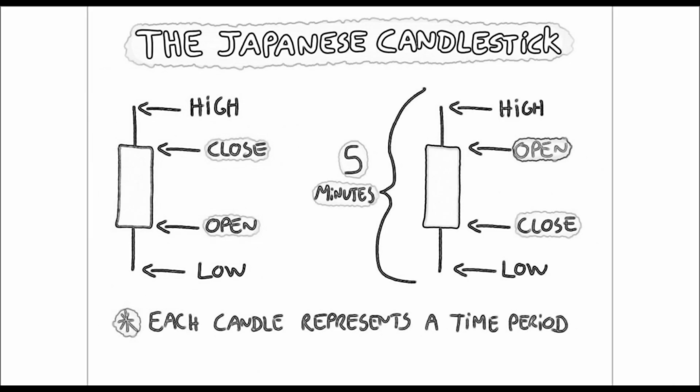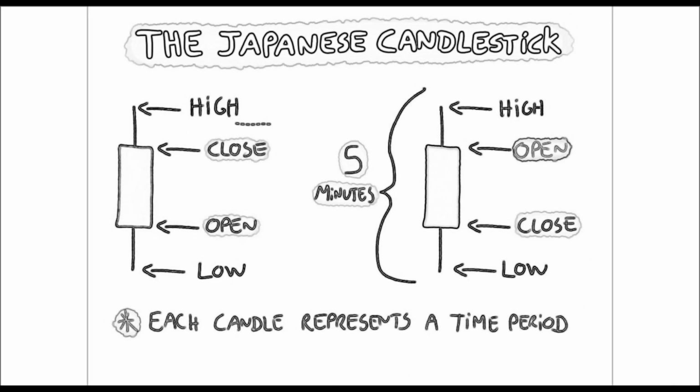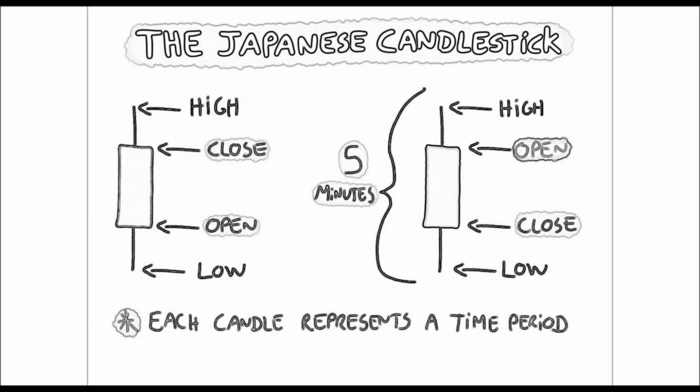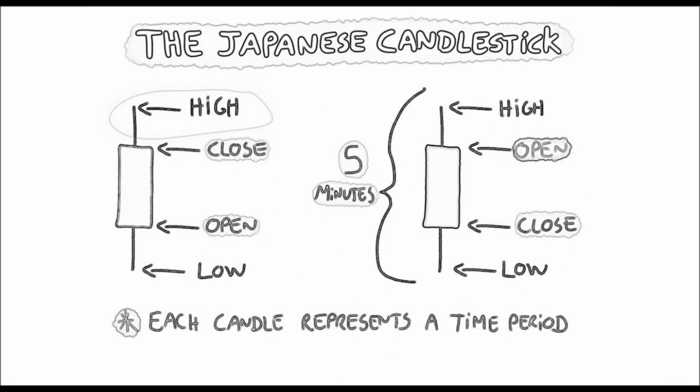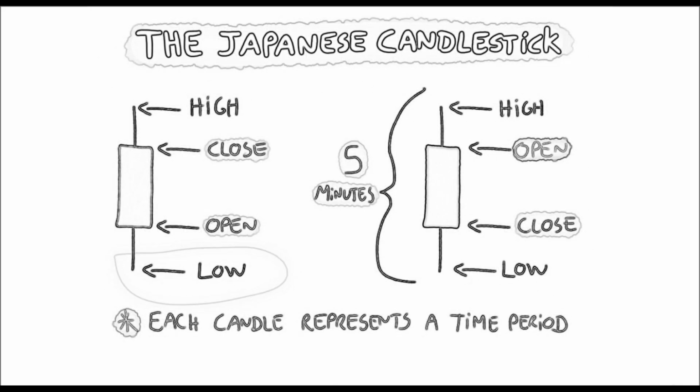The first value is the open price, which is the price the asset had when the period started. Then the close price, the last price available when the period ended. And then the high, how high it moved during that specific period, and the low, how low it moved during that period.